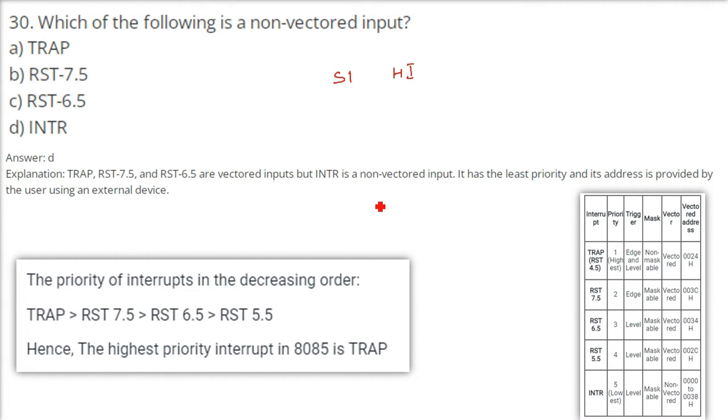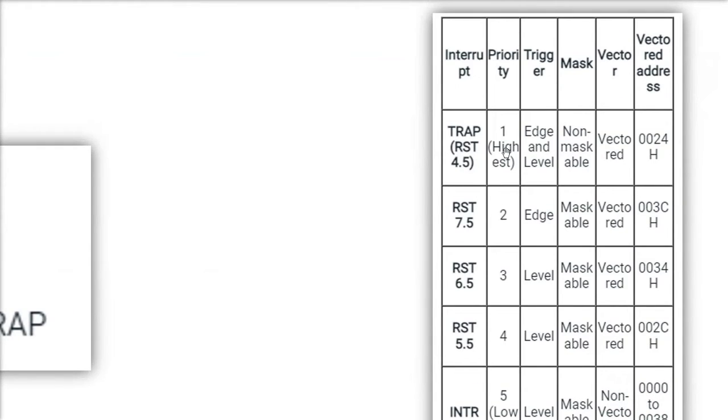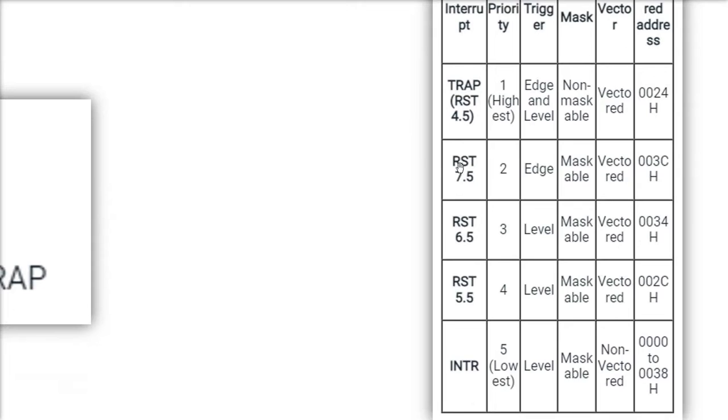Vectored means it has a proper address. Trap has to be handled. This holds for RST 7.5 till 5.5 and INTR also. But this trap has the highest priority. It is both edge and level triggered, while RST 6.5, RST 5.5 and INTR are level triggered. RST 7.5 is edge triggered.